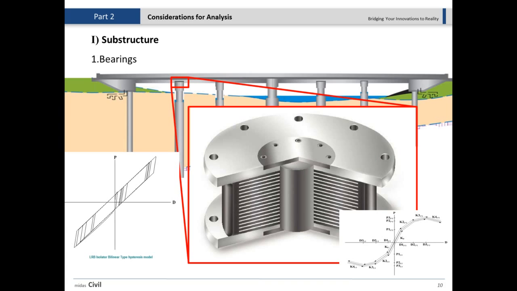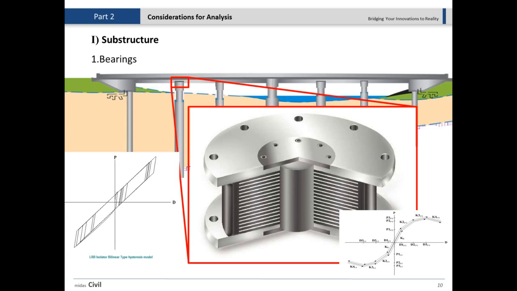And these bearings are pretty important because you're doing this type of analysis, like time history analysis, both for new structures, when you are constructing a new structure, you need to design it and ensure that the bridge is good enough to handle all types of forces that it might experience. And also, we're doing this time history analysis for existing bridges.